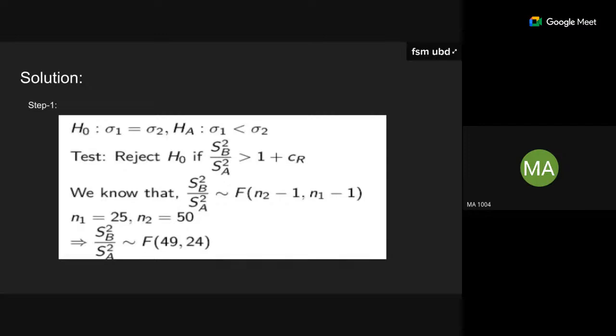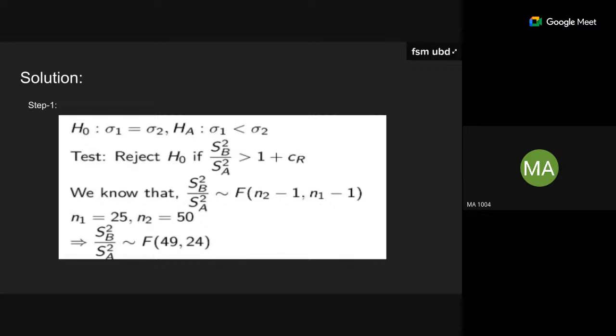So if this S square B by S square A is greater than some 1.5 or 1.6, then I can surely say that the variance in classroom B is greater than the variance in classroom A. So like that you have to think.